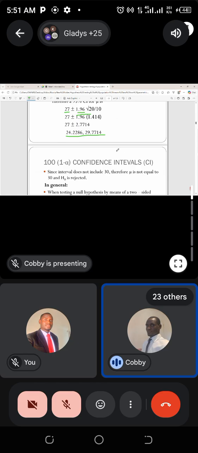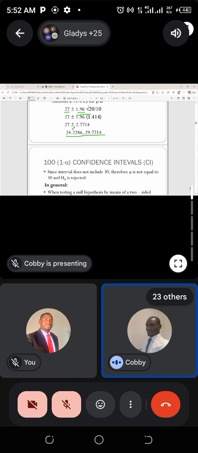Do you know what this means? Someone want to try? Yes, it's the range. So meaning the mean is within the range of 24.2286 to 29.7714.